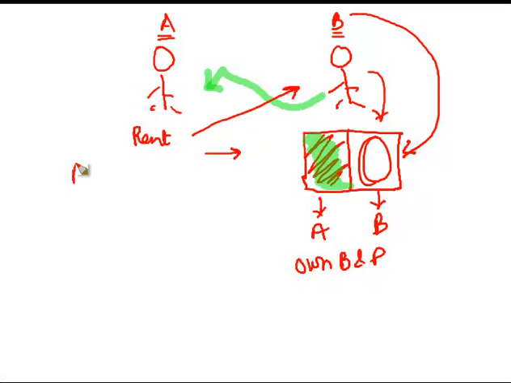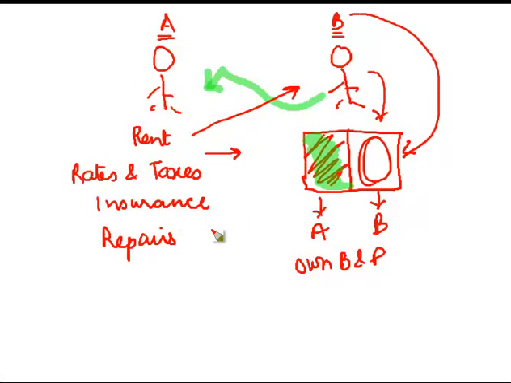Some of them could be rates and taxes, the most common being the municipal tax. There could be insurance cost for the building. There can be repairs, which can be in the nature of revenue expenses, some routine recurring repair expenses, or capital expenses, capital repairs.